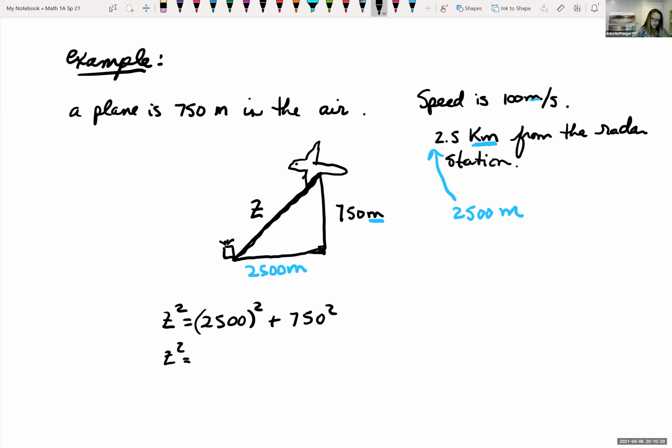And we're going to want to take the derivative, but not quite yet. We want to take the square root of both sides. So the square root of 2,500 squared plus 750 squared gives us the square root of 6,812,500.